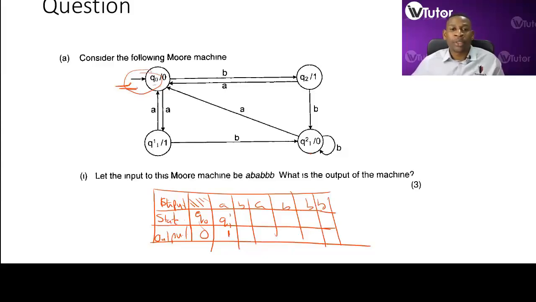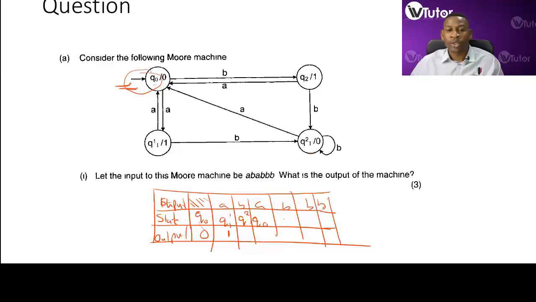When it is in state Q1 and you encounter B, go to Q2. In Q2 and you encounter A, go to Q naught.